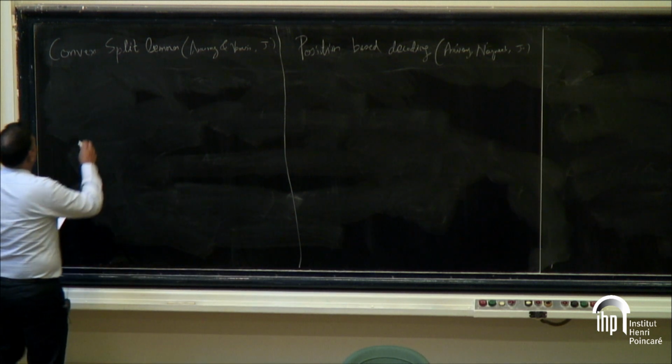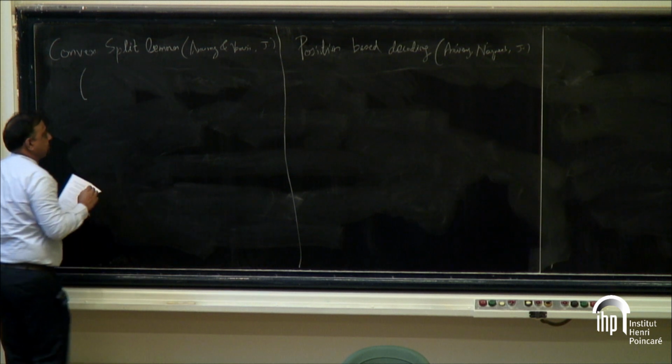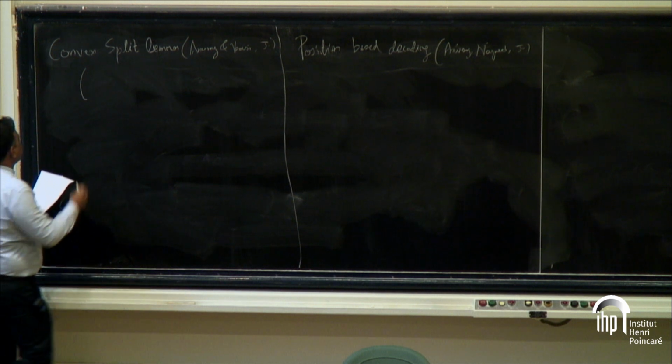All right, so let's say we have the following: a convex combination of states.